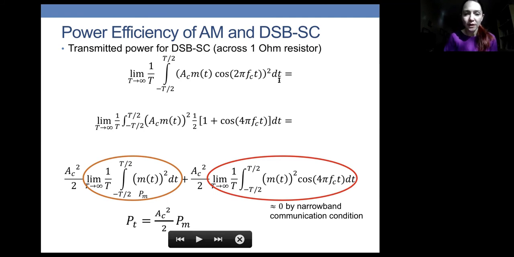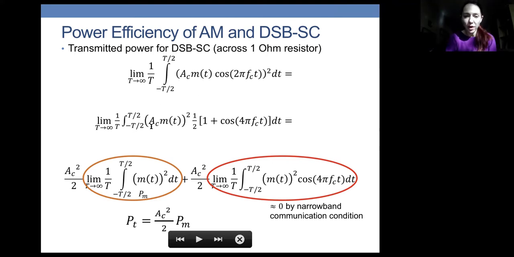Okay, now let's expand this product. Cosine squared is 1 plus cosine 4 pi Fc t, over 2, right?